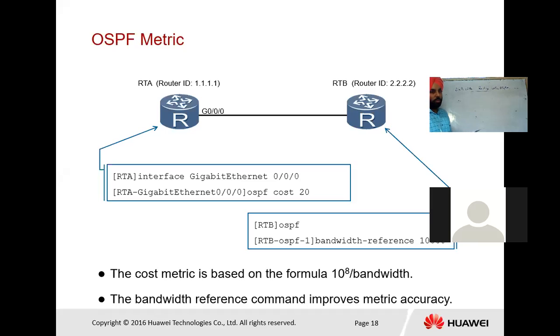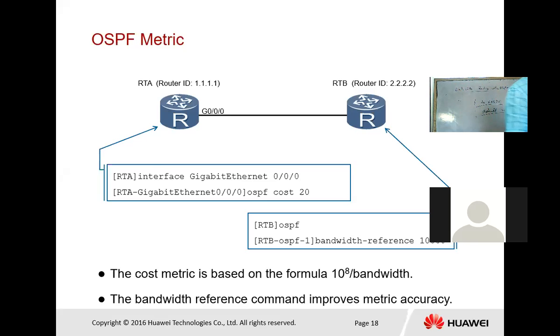The range for the cost value is from 1 to 65535. The default cost value is 1.